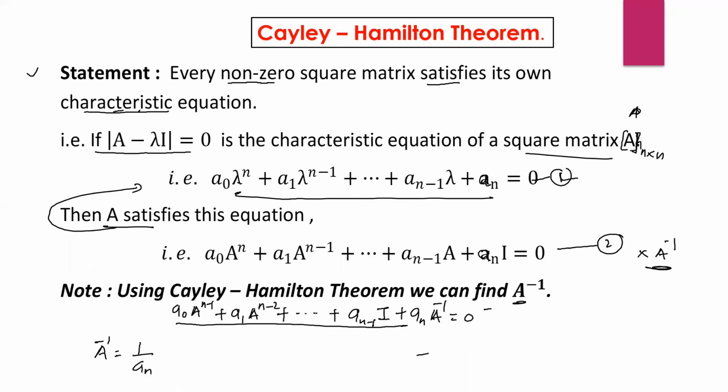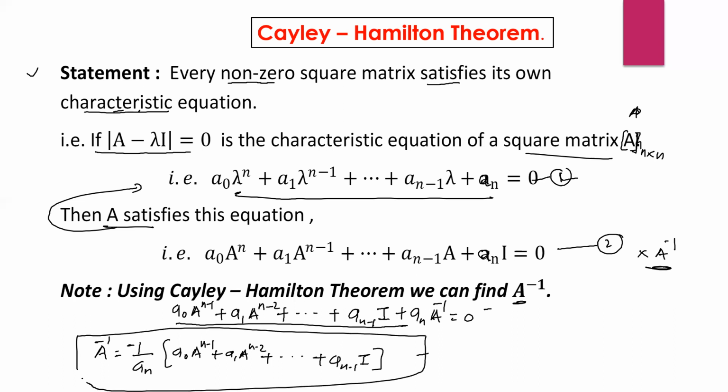Okay, and we put all these terms on the right hand side. Every term is negative, we take minus sign common and the remaining term is a naught A raised to n minus 1 plus a1 A raised to n minus 2 plus dot dot dot plus a suffix n minus 1 into identity matrix. In this way, using Cayley-Hamilton theorem, we can find A inverse.